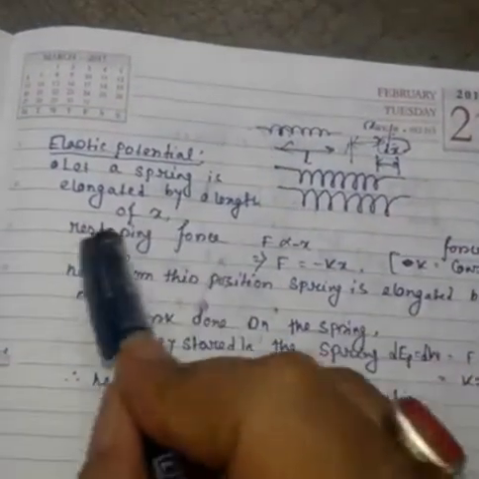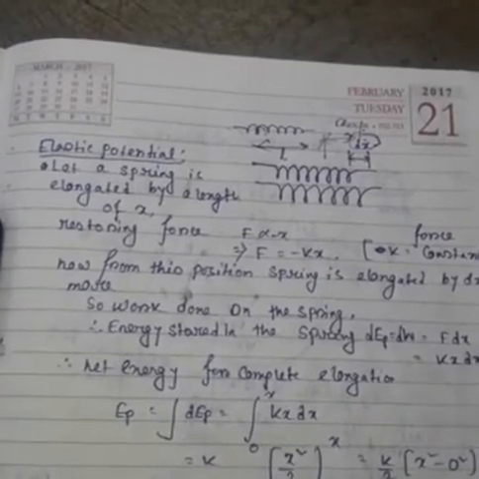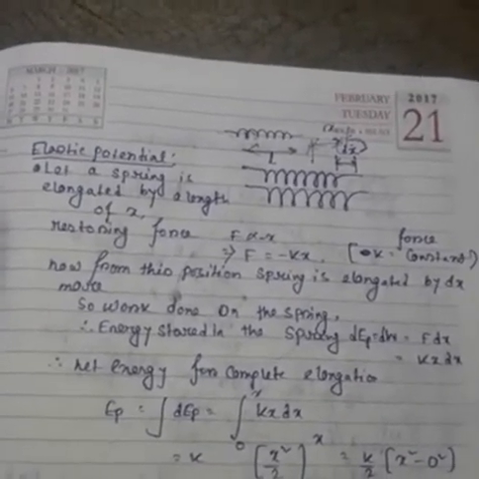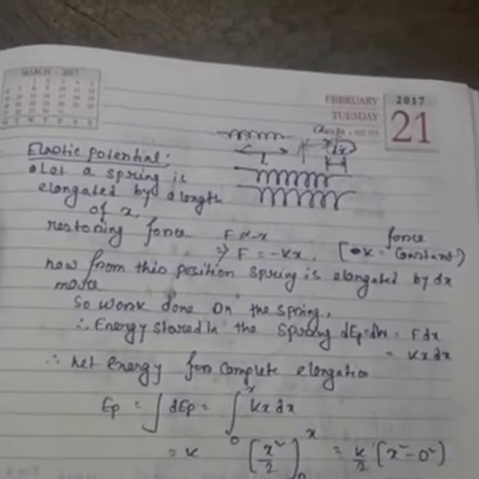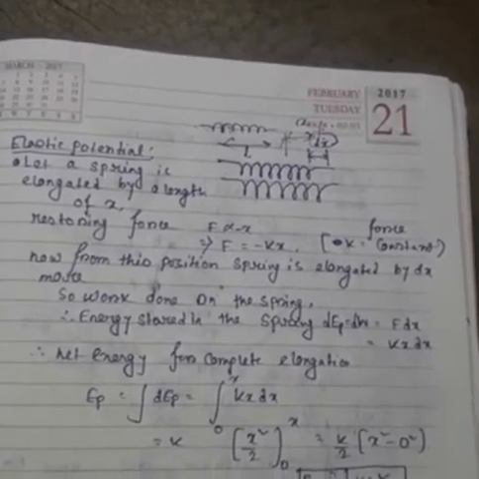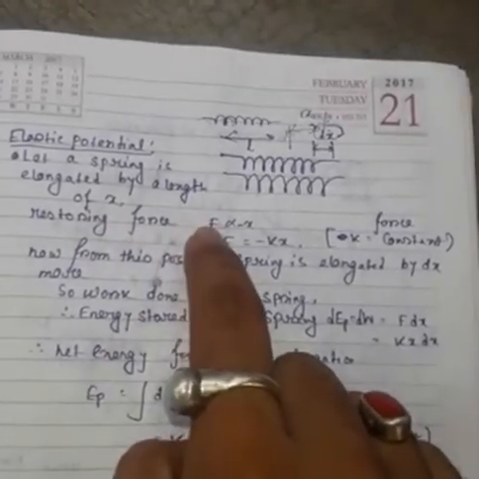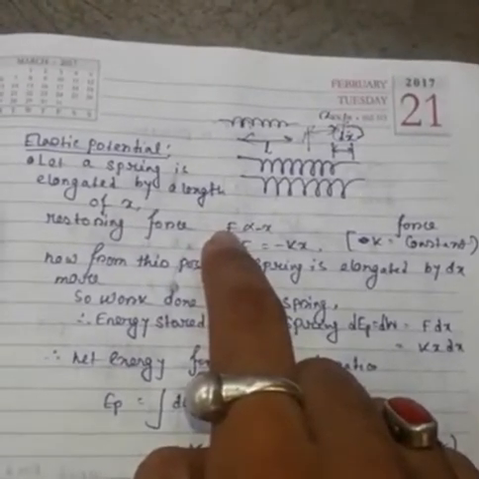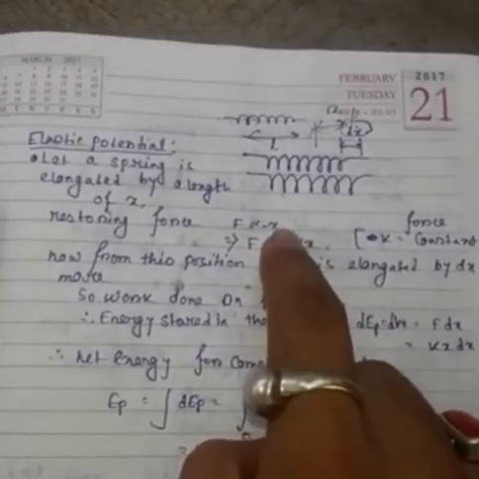Now, as we know, if you try to elongate a spring, the more elongation you want, the more force you have to put on it. So the force you need to elongate the spring must be proportional to the elongation of the spring.